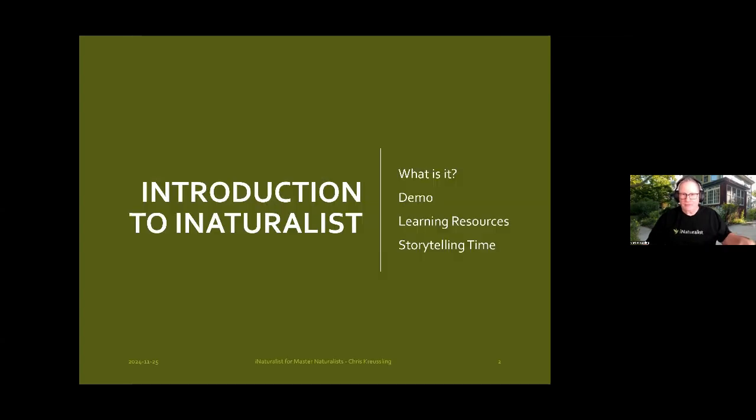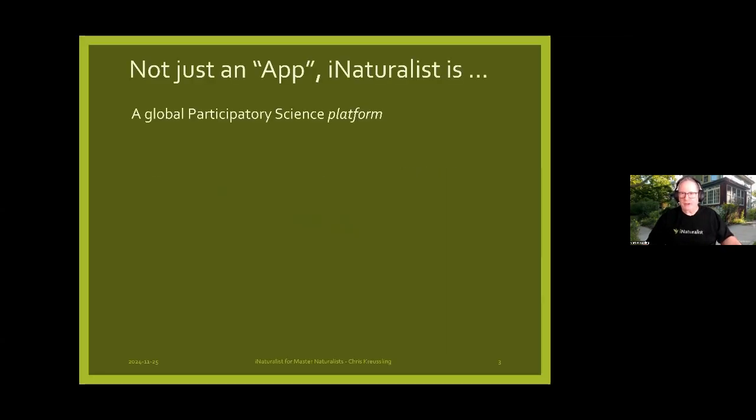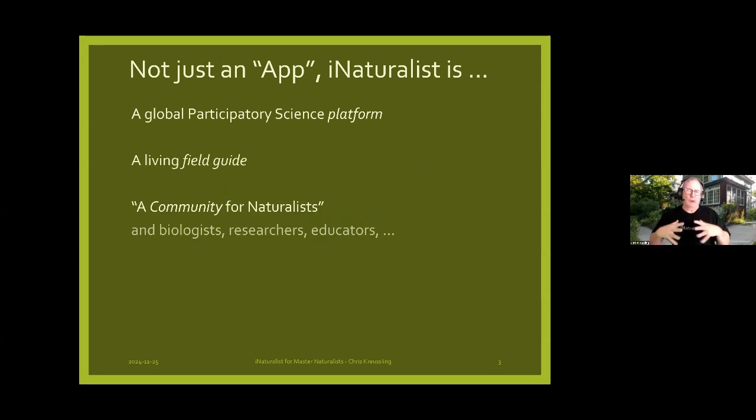This is going to start with just introducing you to iNaturalist. A lot of people just know iNaturalist as an app that they installed on their phone, and it's so much more than that. It's important that people understand that there is much more. You don't have to use it that way, but once you know that it's there, I think you're going to want to use it.